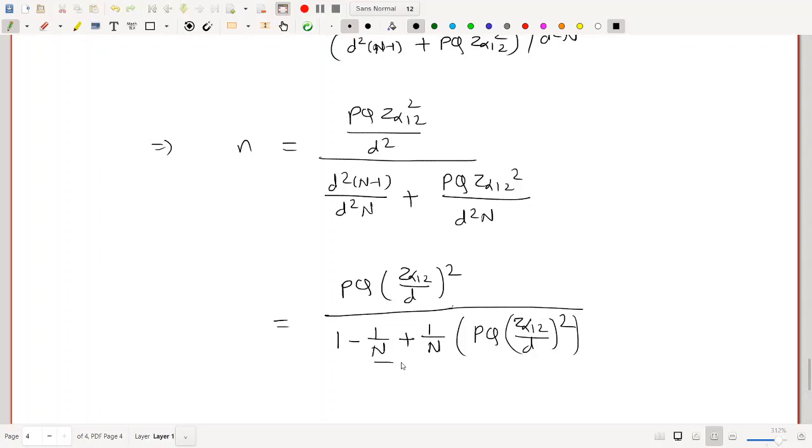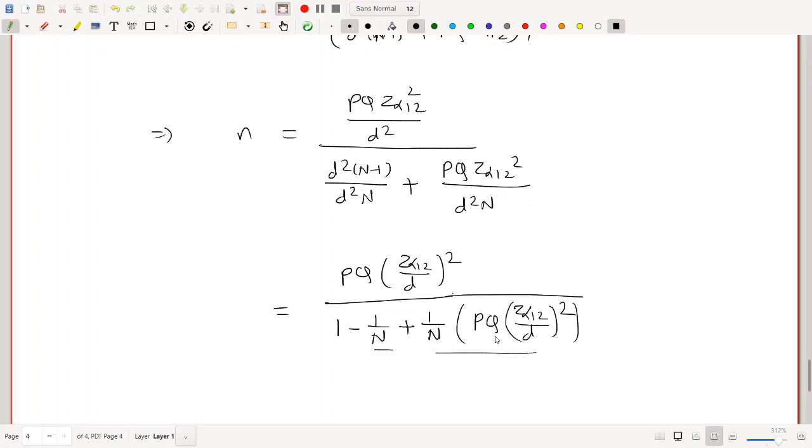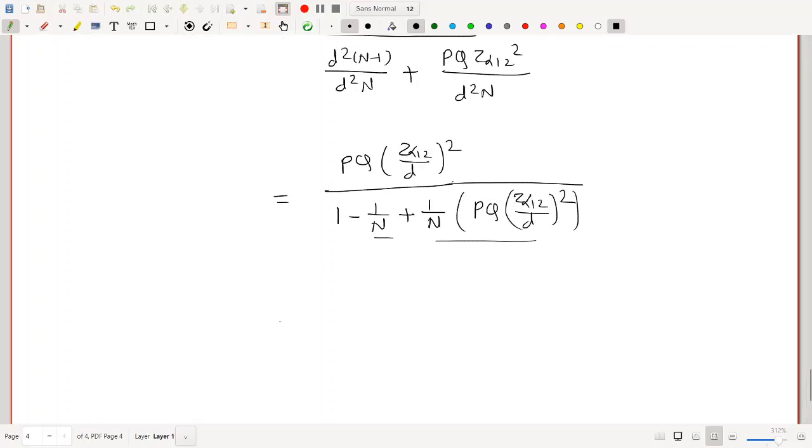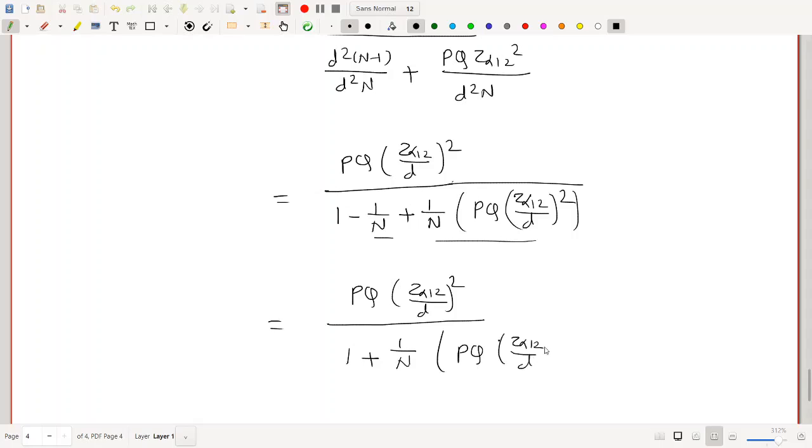So from these two quantities I can take 1 upon N common, so I can write this as PQ (z alpha by 2 by d) square whole divided by 1 plus, take 1 upon N common, then in bracket it will be PQ (z alpha by 2 by d) square minus 1. So this is the formula for small n.